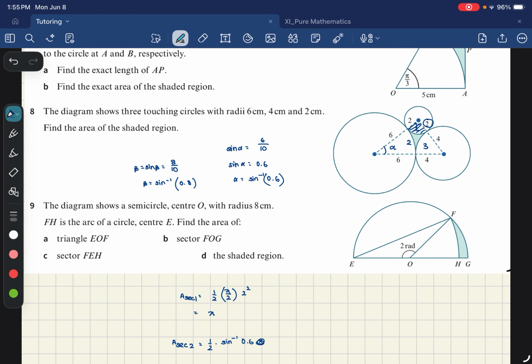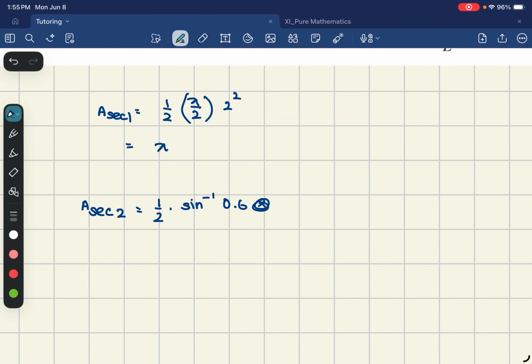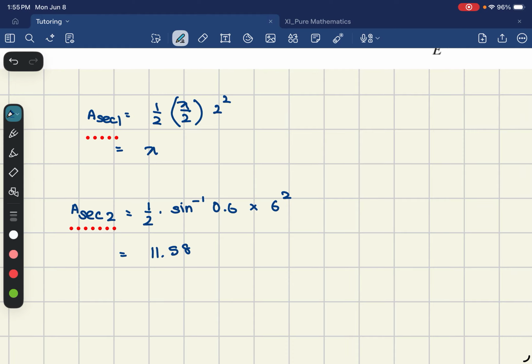I think this was alpha. Yeah, that was alpha. All right. So 0.6 times the radius is 6 squared. And if you put this into your calculator, you get 11.58301996, something like that, right?